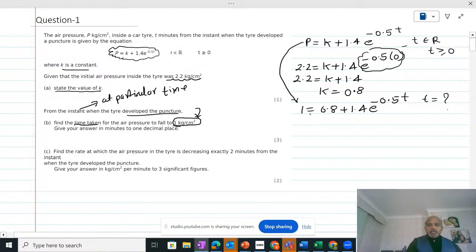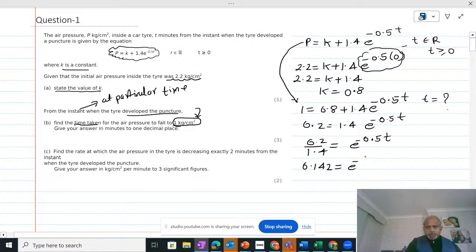So 1 minus 0.8 is 0.2, equal to 1.4 e to the power minus 0.5 t. We can simplify it: 0.2 divided by 1.4 equals e to the power minus 0.5 t. If you divide 0.2 by 1.4, it is 0.142, equal to e to the power minus 0.5 t.